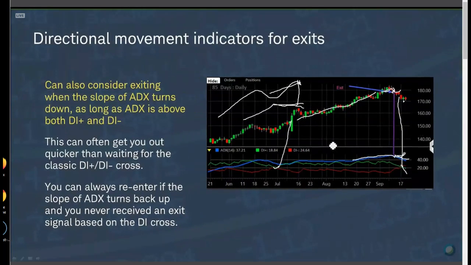I don't know if I have an example, but let's say the stock goes up, it has a pretty good pullback, but it recovers really quickly. You might see the crossover, but if that happens really quick, ADX might not go down that fast. That's probably the explanation also.